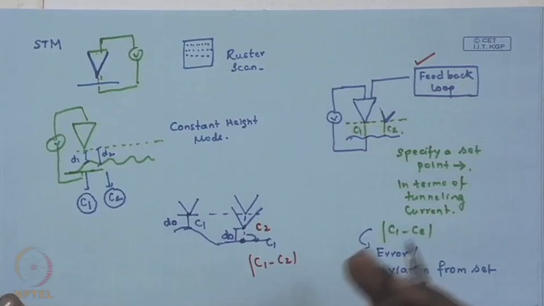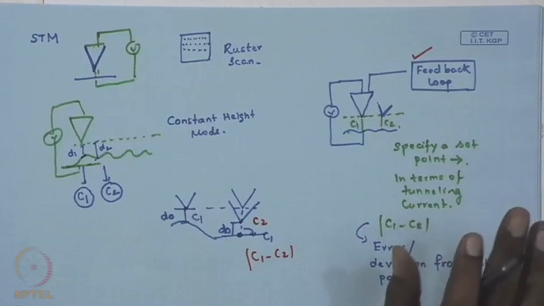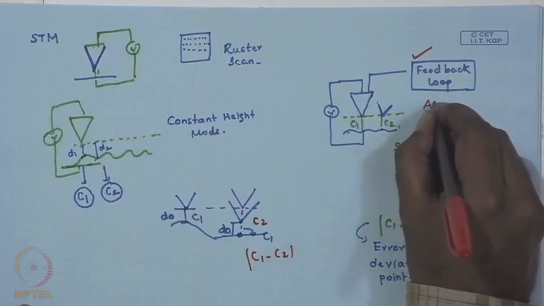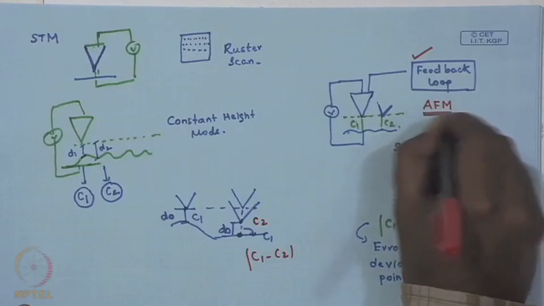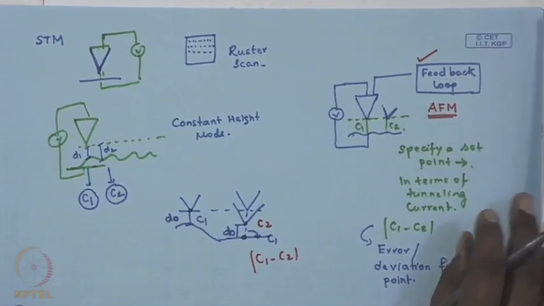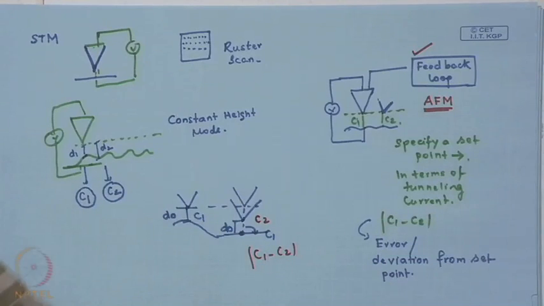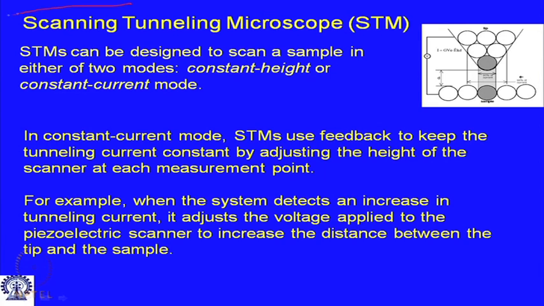We are going to talk about it in greater detail, because all the commercial or the current AFMs work with this feedback loop mechanism. So, this is in a very brief nutshell the operation of an STM.